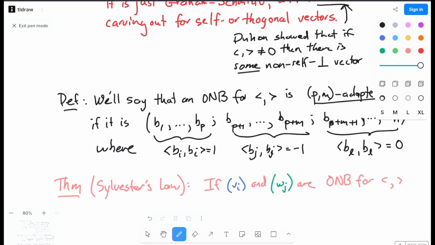We do have some options. The blue vectors are the V subscripts. The green ones are the W subscripts.